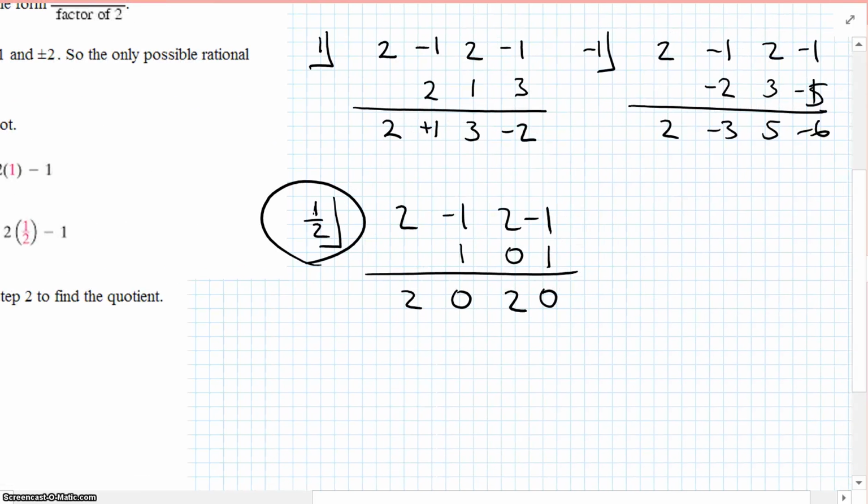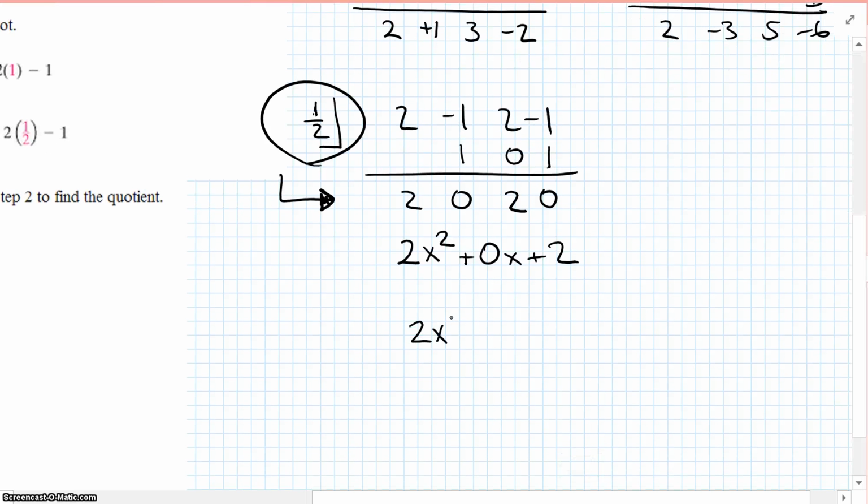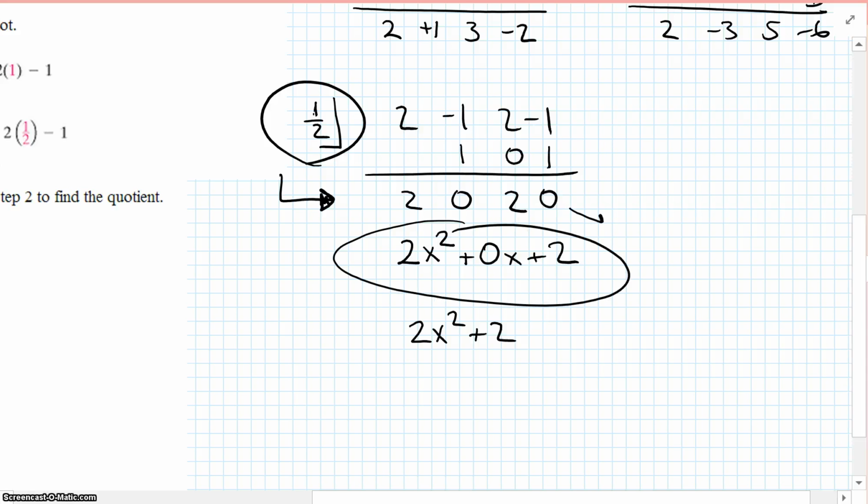Now, basically we factor out a 1/2. You guys remember this. So this new equation after we factored out the 1/2 is 2x squared plus 0x plus 2. So we could rewrite this as 2x squared plus 2. Remember, that's the remainder.